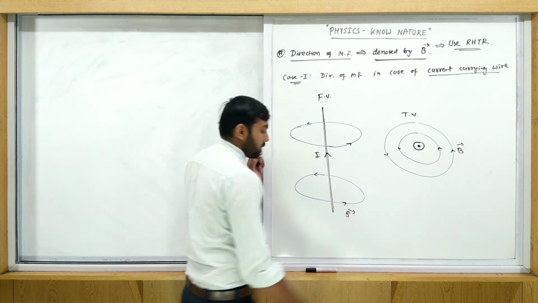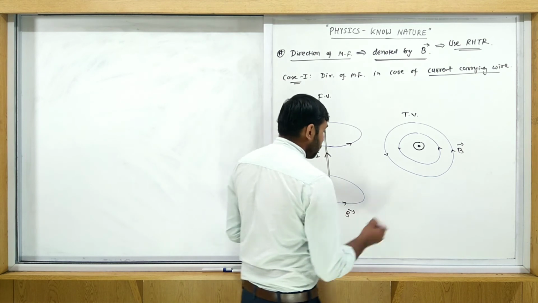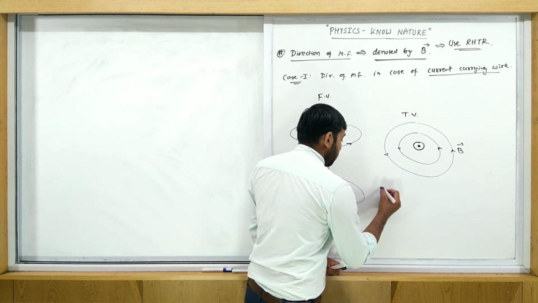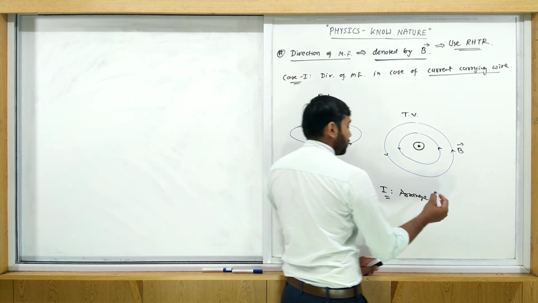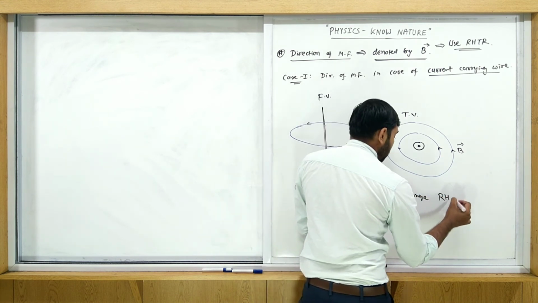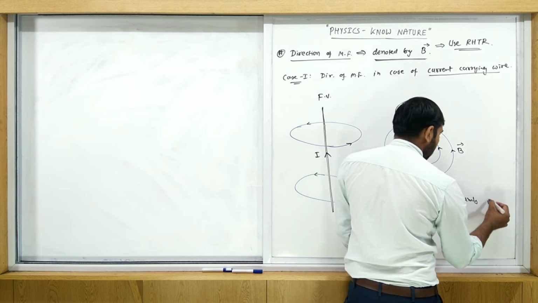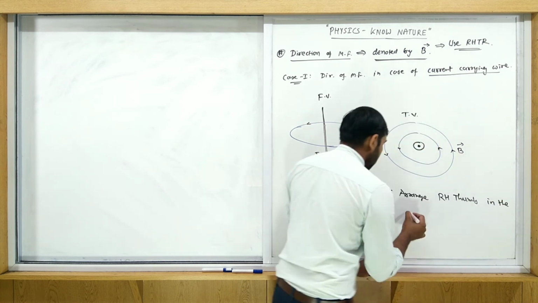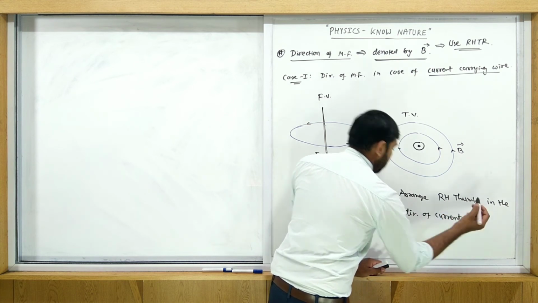This is what actually magnetic field. So here in this case use the two rules. Rule number 1, arrange right hand thumb in the direction of current.